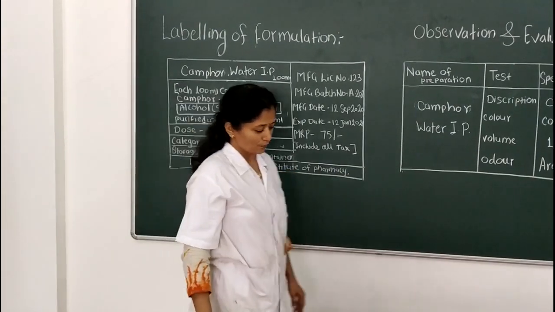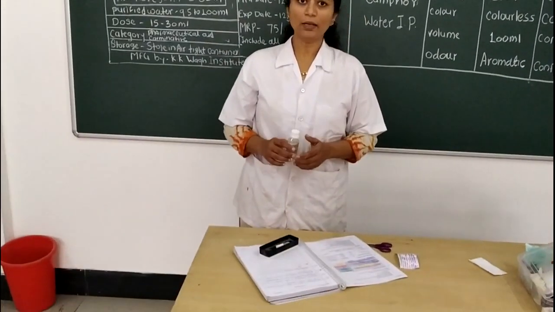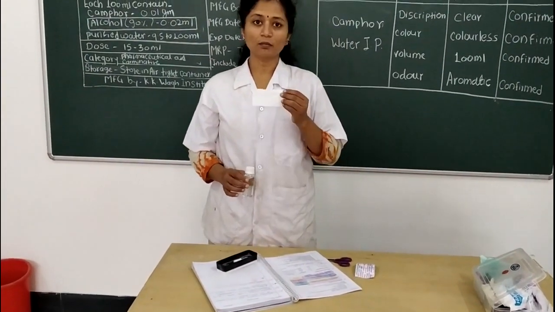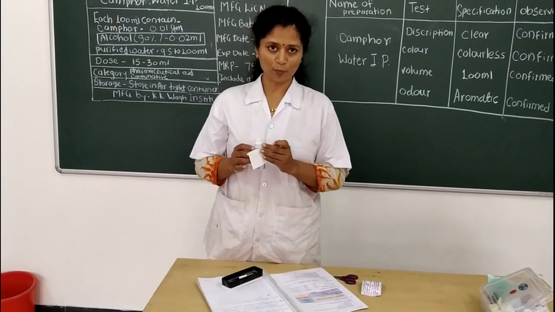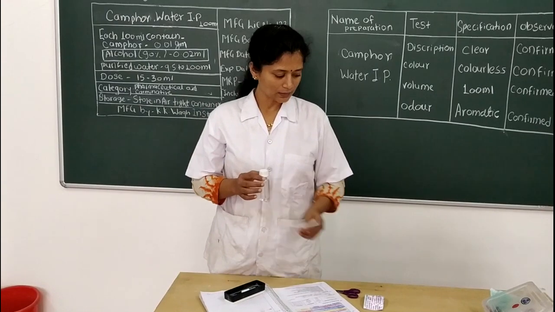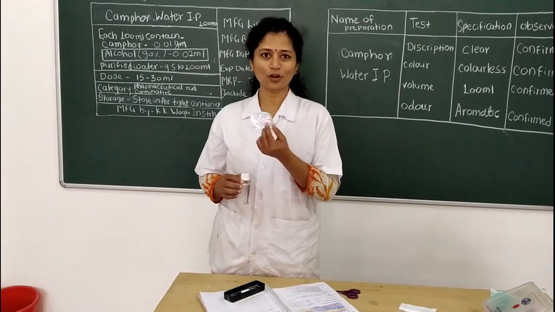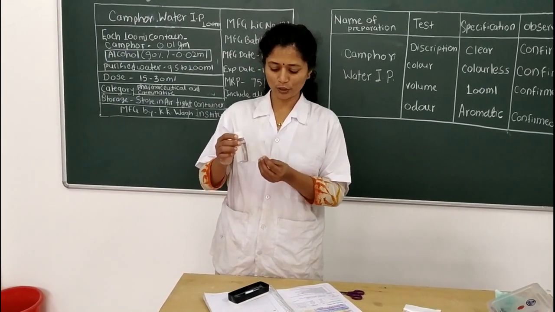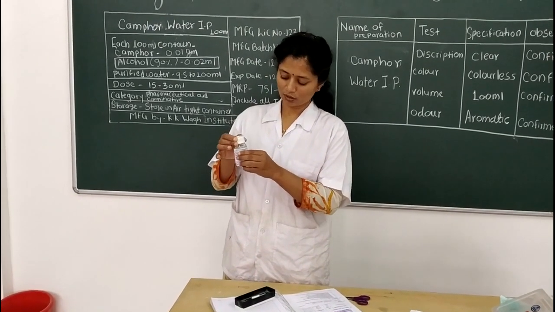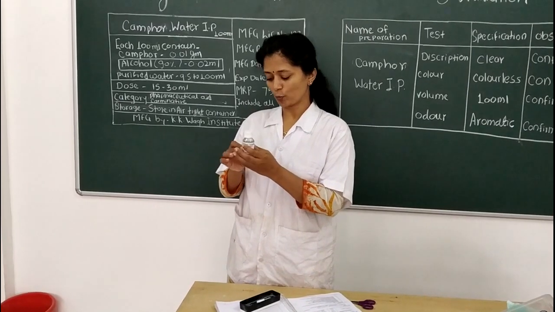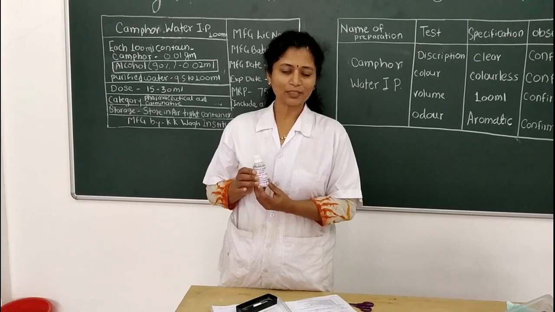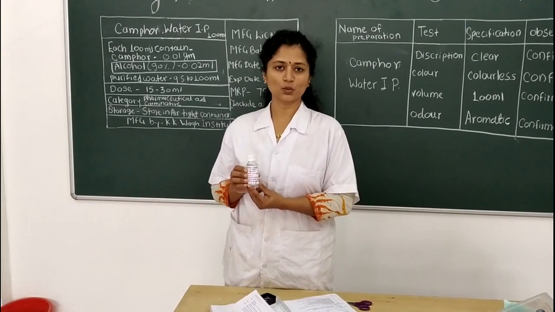For labeling, you should keep in mind to take bond paper of appropriate size, not too big or too small. This is the specimen copy we already prepared. This is our solution. We have to stick the label on the bottle in an appropriate manner, and in this way we prepare the solution and label it.